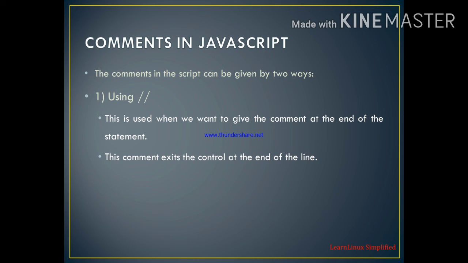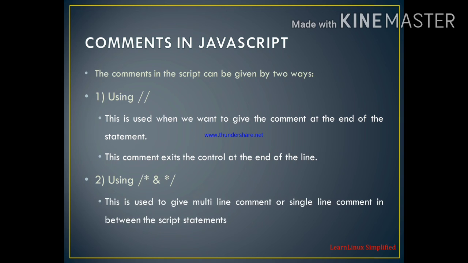Second is using slash star and star slash. This is used to give a multi-line comment or a single line comment in between script statements. If we want to add a descriptive comment into the script, then we start with slash star and end it with star slash.